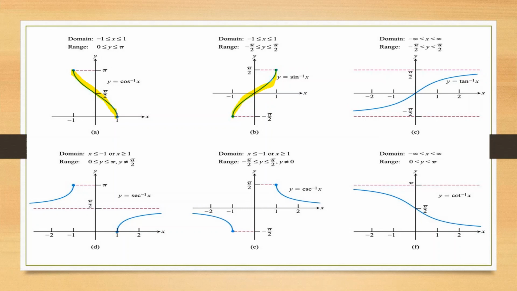Okay, and this is the graph of my secant inverse x, with domain and range, right? This is the domain and this is my range. And this is my graph of cosecant inverse x, right? And this is my graph of cot inverse x.